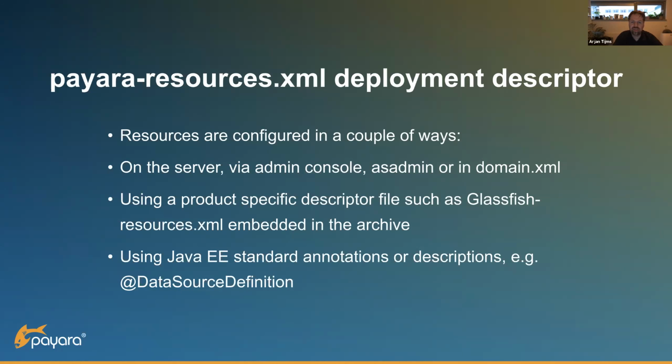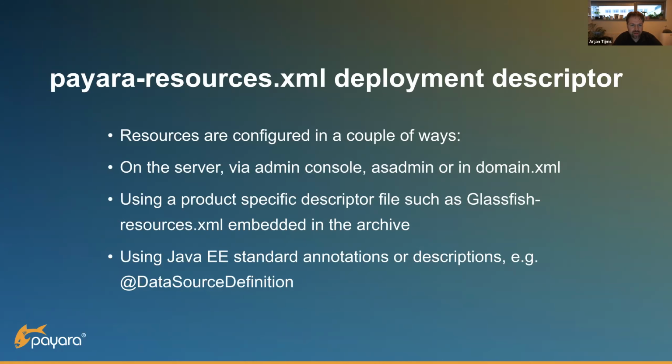And the third way to do this is using the Java EE standard annotations, or XML in deployment descriptors. One example would be the data source definition annotation. But there's more. There's the mail session definition. There's one for queues. There's XML variants, which you can use in web.xml, application.xml, what have you.